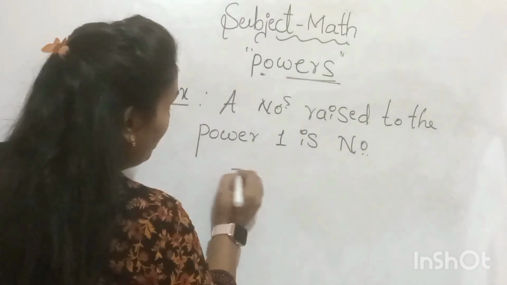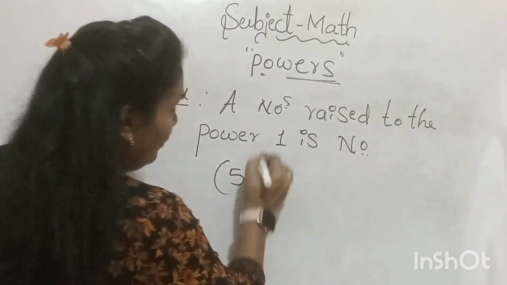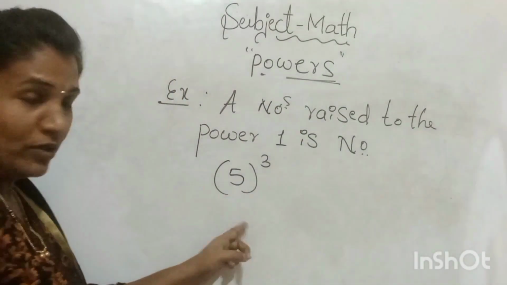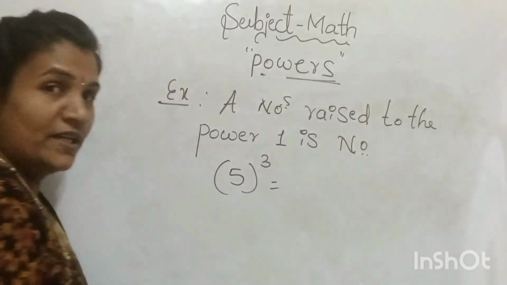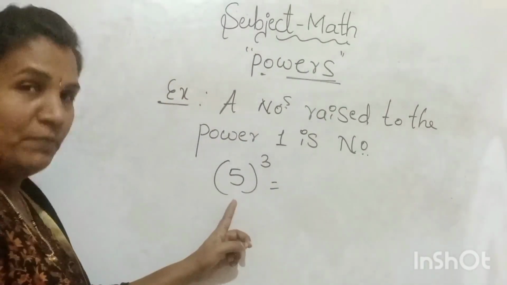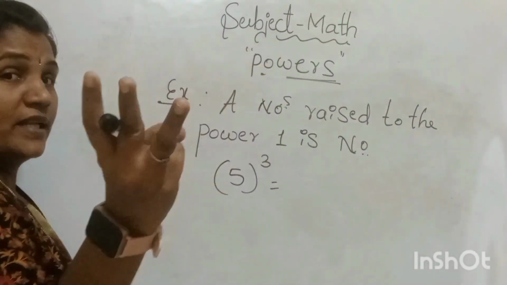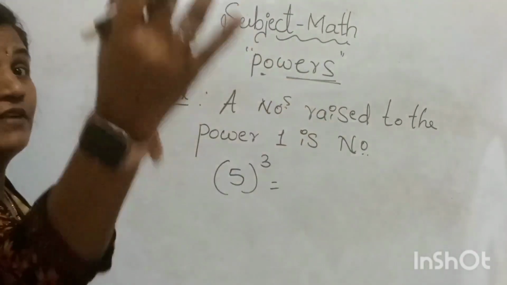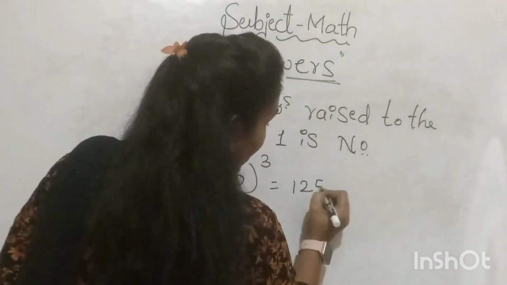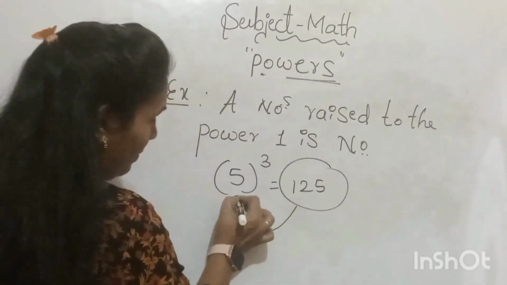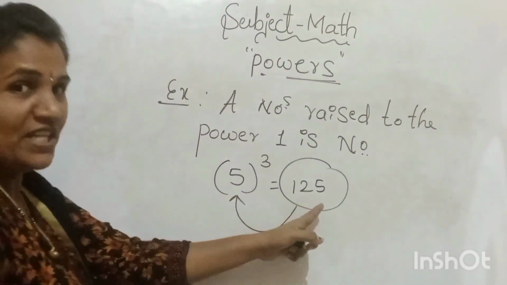Here see 5 to the power of 3. What will you get? Will the number itself come? No, the answer will be 5 multiplied thrice: 5 fives are 25, 25 fives are 125. So this is a different number.